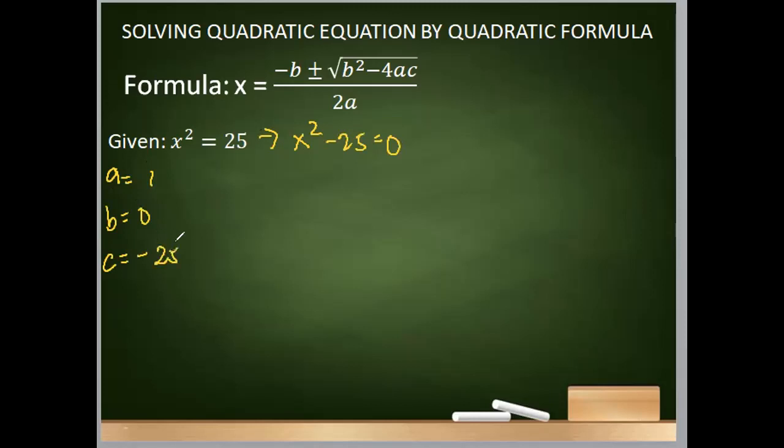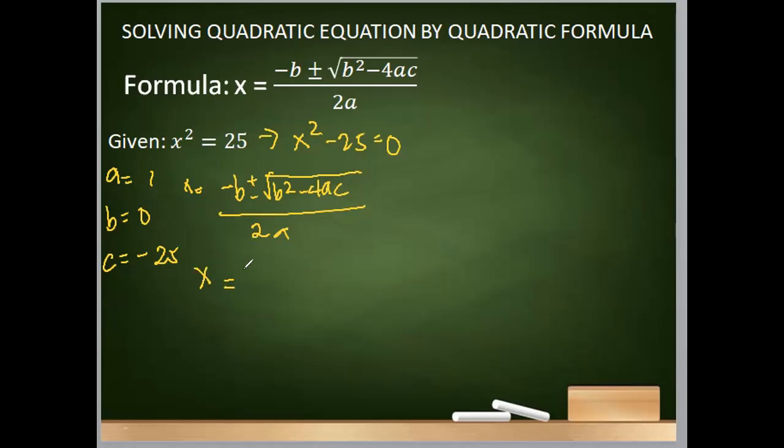Okay, so now let's find the value of x by plugging in these values po sa ating formula. So we have x is equal to negative b, positive and negative square root of b squared minus 4ac all over 2a. So x is equal to, what is the value of negative b?